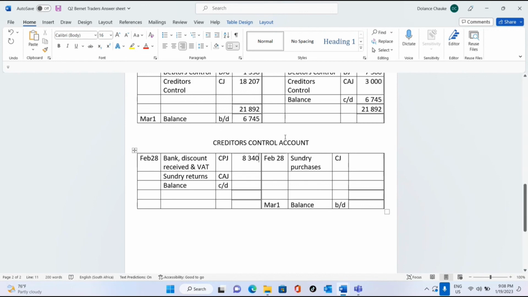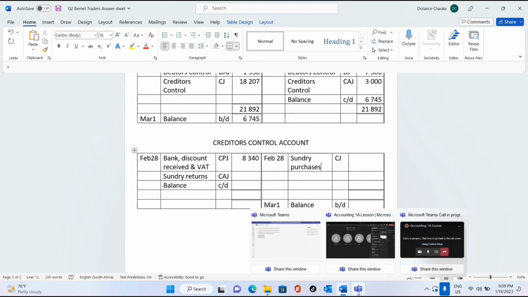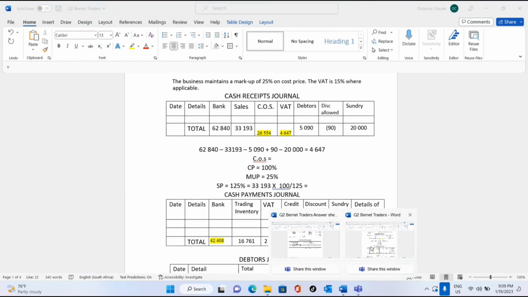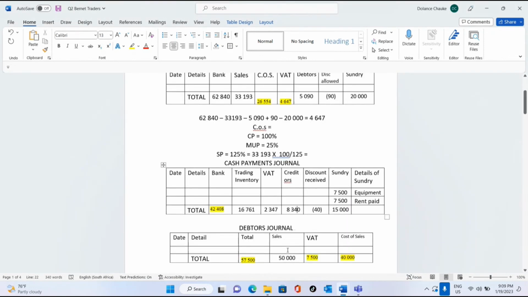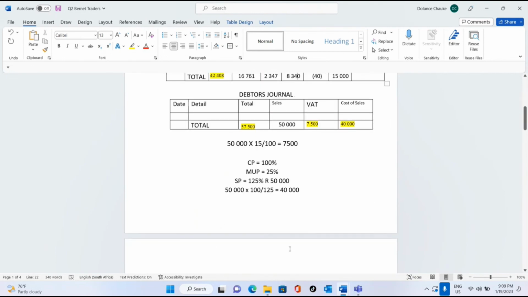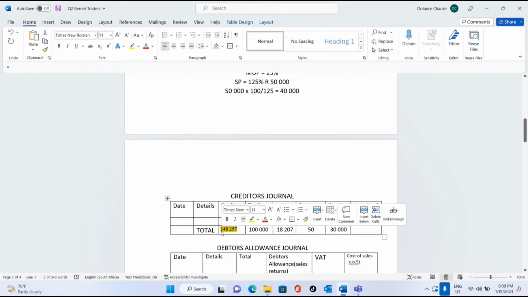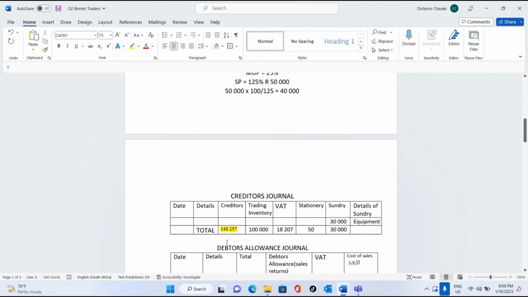And then we will go to our creditors journal, this one of sundry purchases there. When we get here, we are going to take the total. That sundry purchases is the total purchases of creditors.